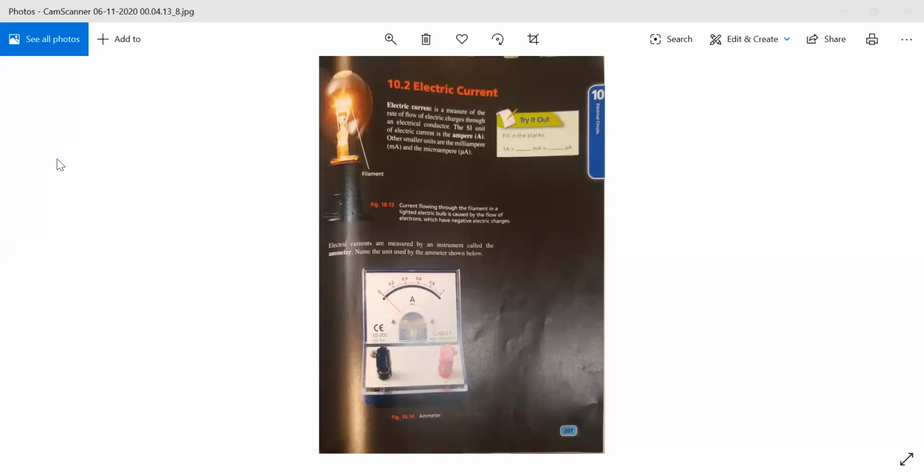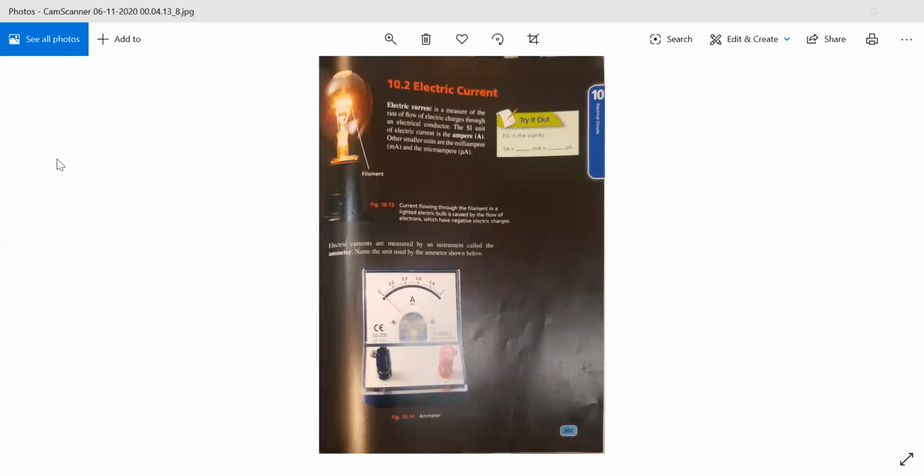Beta, first of all, we should know what electric current is. Electric current is a measure of the rate of flow of electric charges through an electric conductor. So it is called electric current.